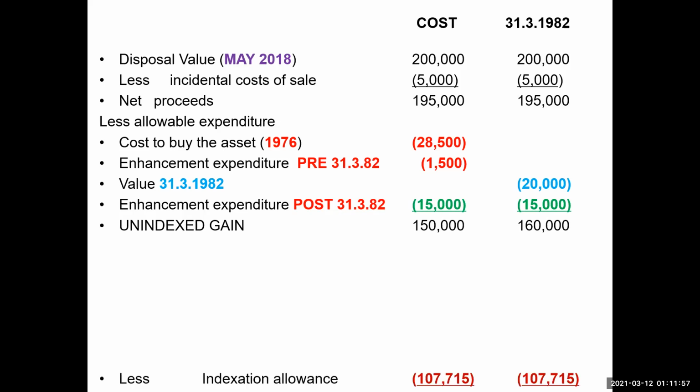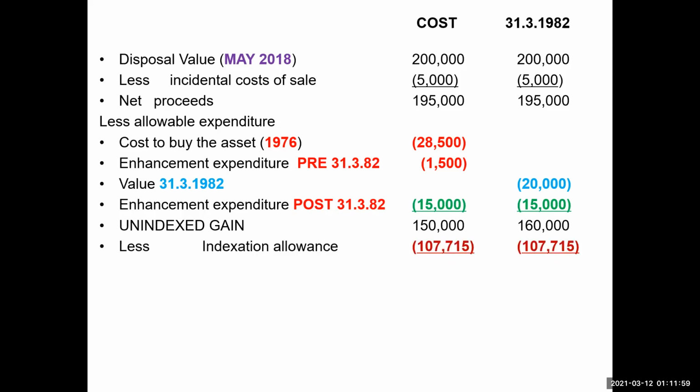Okay. Now, we do an indexation gain. We'll look at how we got this 107,000 again, but it's so simple to look at the disposal and then the allowable expenditure and then the cost. So all will be 107,715 for indexation. We subtract it and we realize that we get gains. Under the cost pre-1982, you're giving us a gain of 42,285.